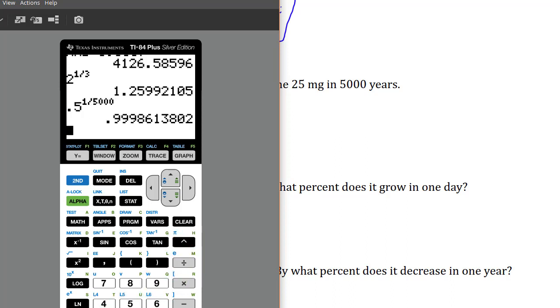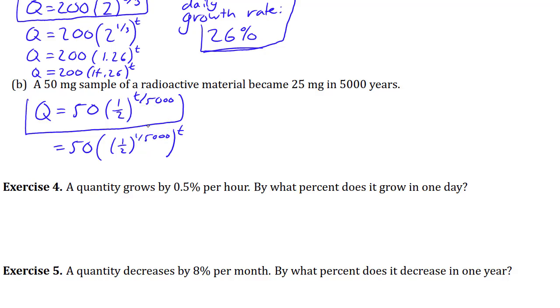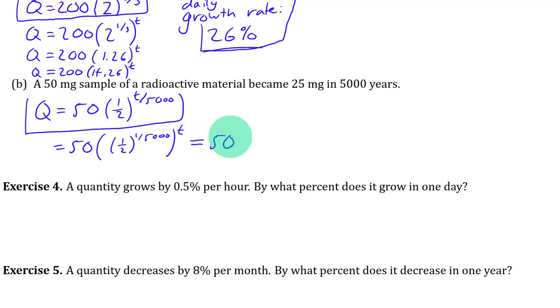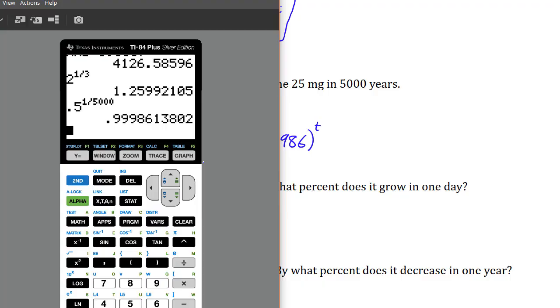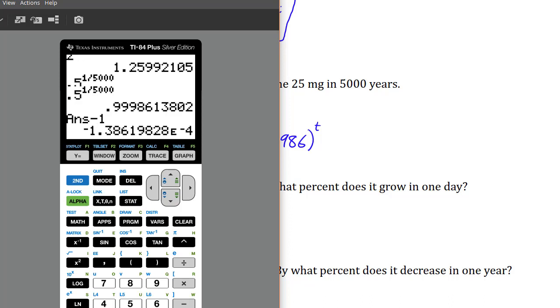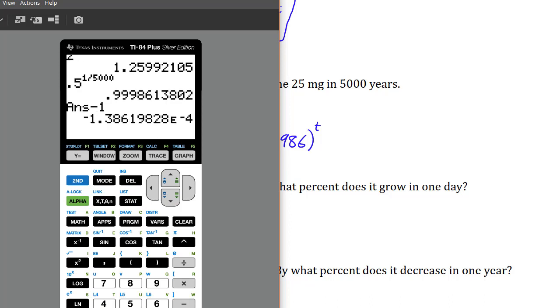This is going to give us 0.99986, which is the same thing as this e to the -4 means times 10 to the -4, so we need to move the decimal place over 4 spots.